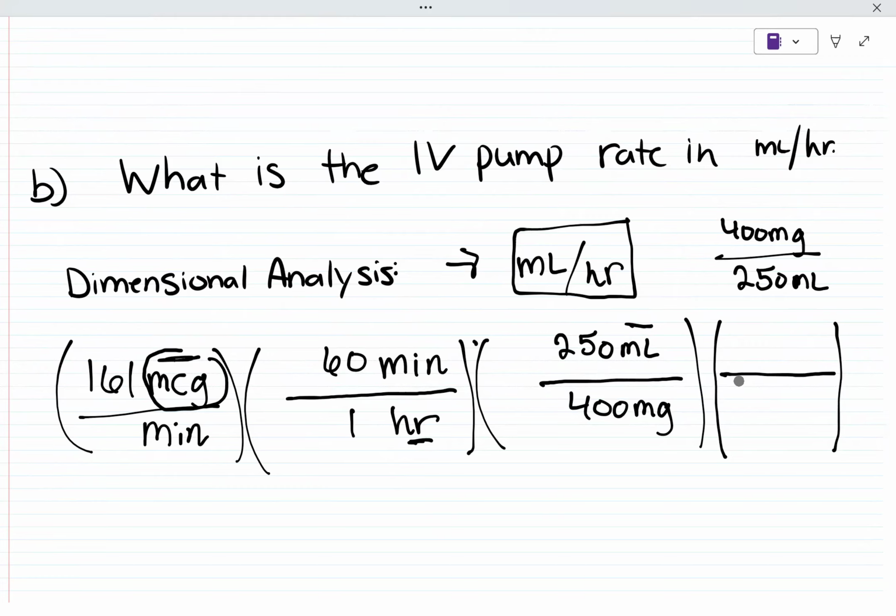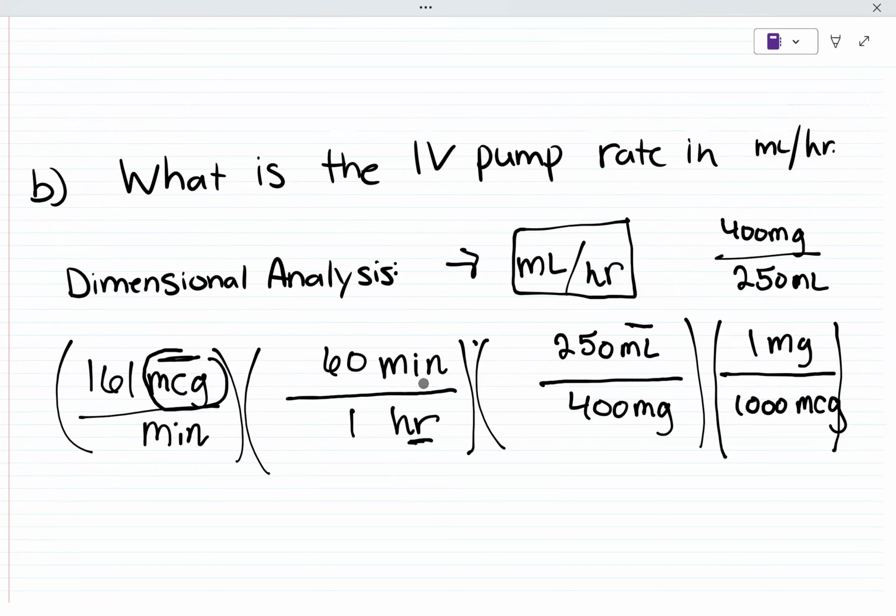We know that for 1 mg, there's exactly 1,000 mcg. Okay, I know it's a bit confusing.